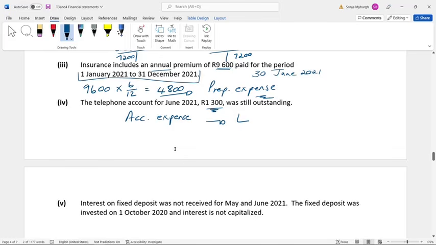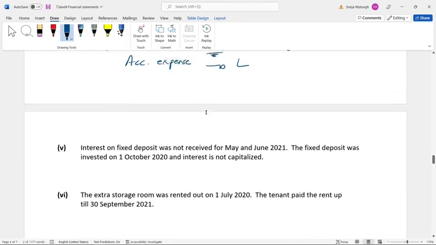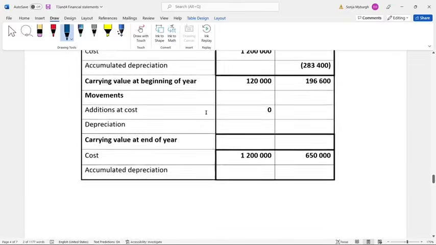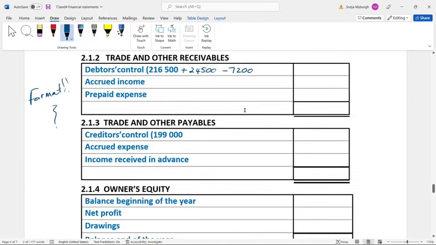On the income statement, we would have added next to telephone, but we must show it on the balance sheet. Insurance was a prepaid expense, which is an asset, and then the telephone was an accrued expense. We still need to pay the telephone account. So those are the first four adjustments.